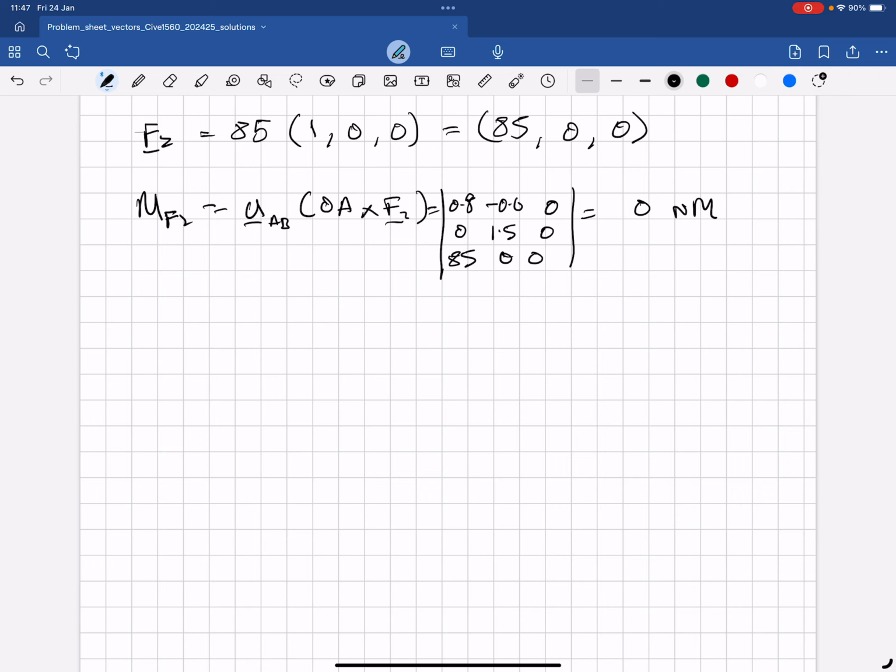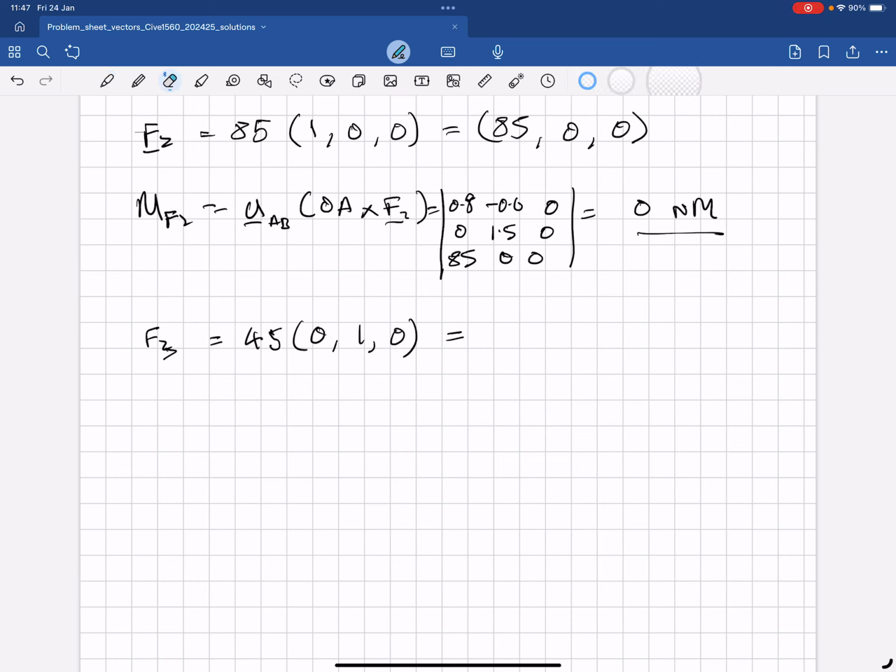Now, if I was doing this calculation and I got 0, I'd go back and check very carefully, because it's very easy to make a mistake when you're doing your determinant calculations, but 0 is the correct answer. F3, the force vector, well, it's 45, the magnitude, times the vector 0, 1, 0. Those are unit vectors.